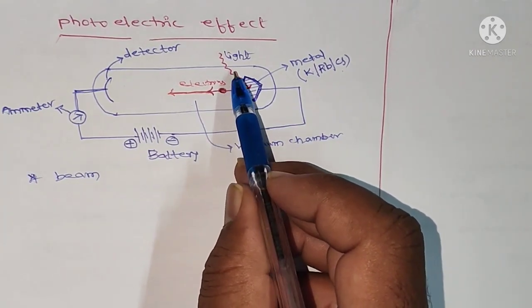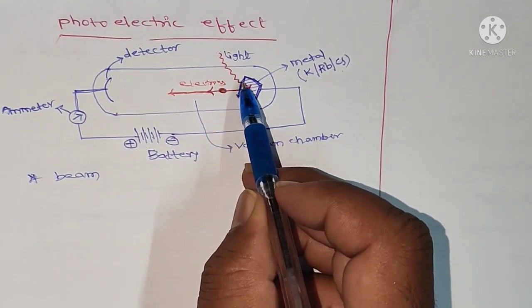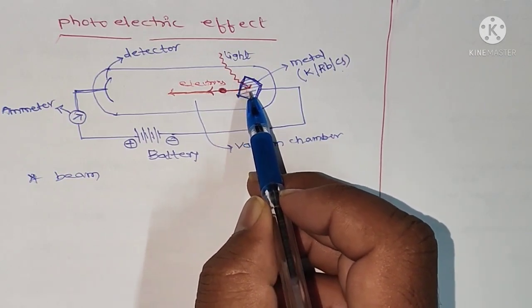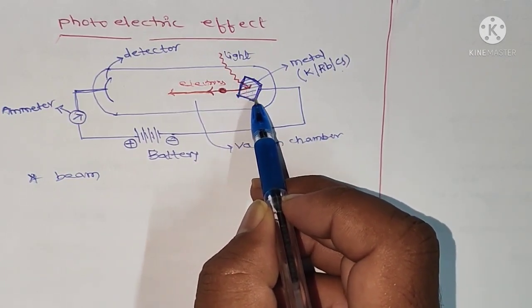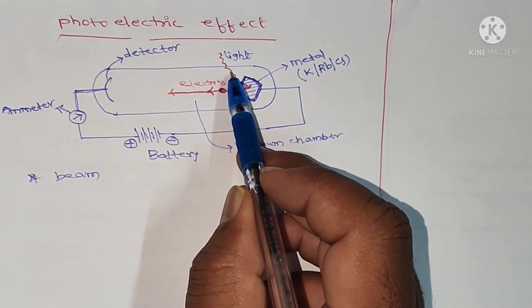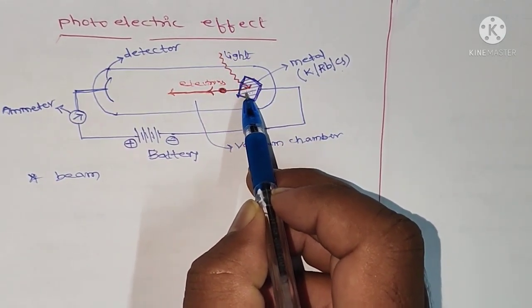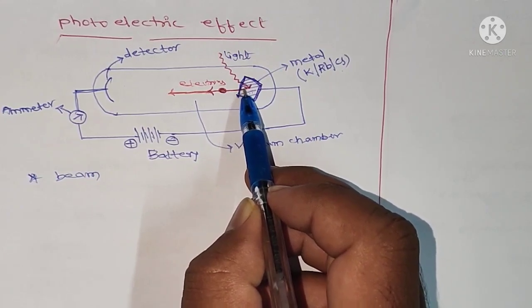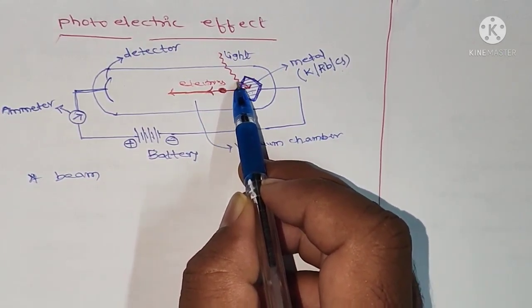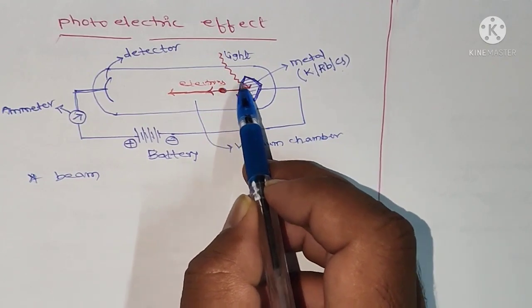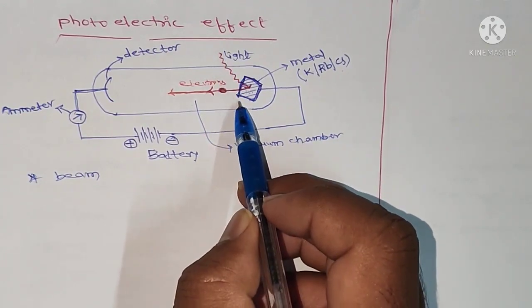So here, when a beam of light with a suitable wavelength falls on the surface of the metal, then electrons are emitted from that metal, and this phenomenon is known as the photoelectric effect.